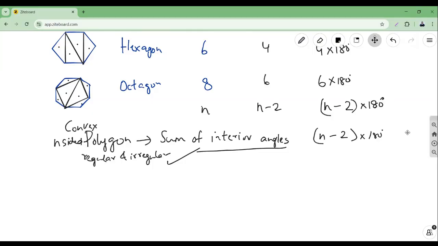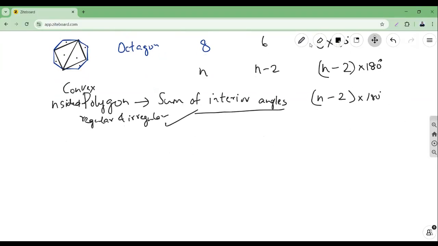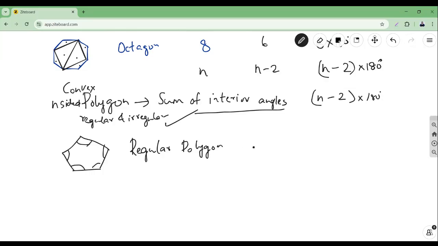Now, coming to finding one interior angle. If all the sides are equal, only then can I say all the angles are also equal. That means if it's a regular polygon, where all the sides are equal, all the angles will also be equal.